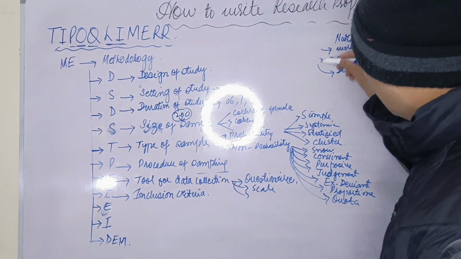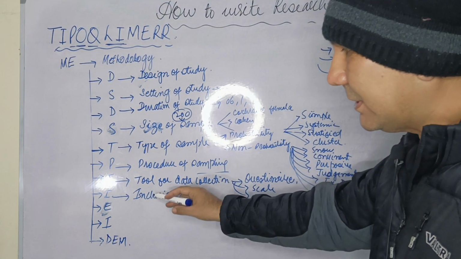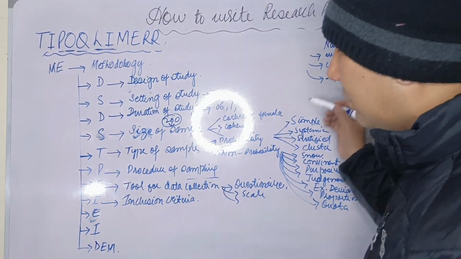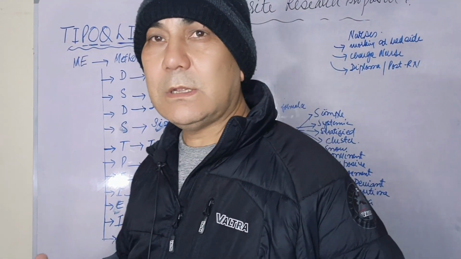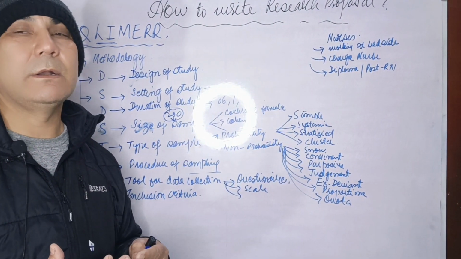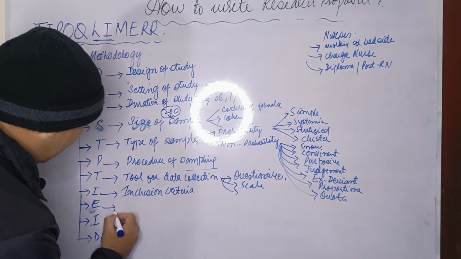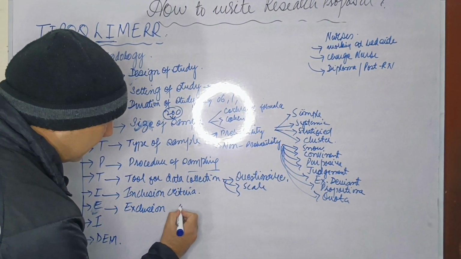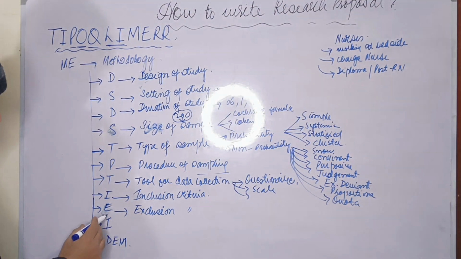They are not in close touch with clinical practice, so when I collect data about unsafe practices, the result will come out underestimated. Now E is for the exclusion criteria.